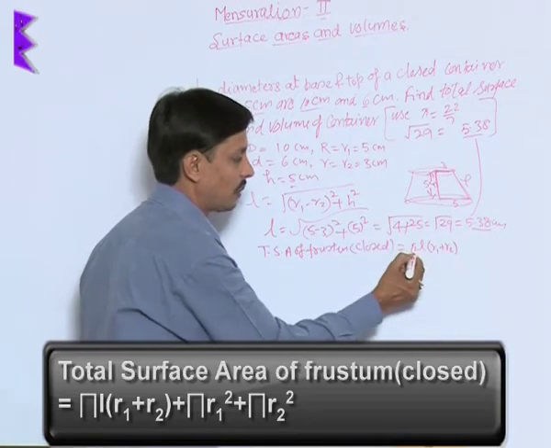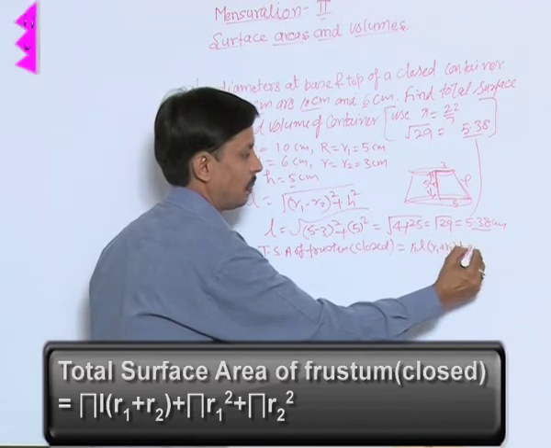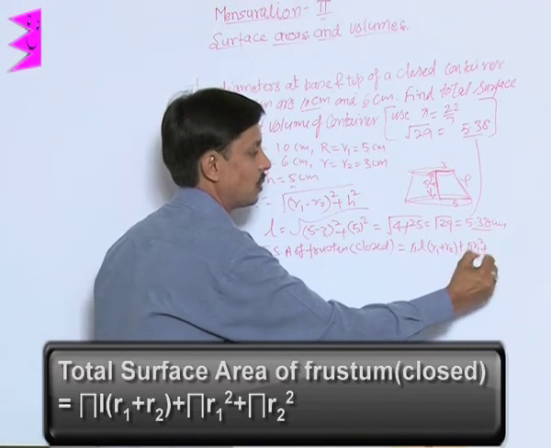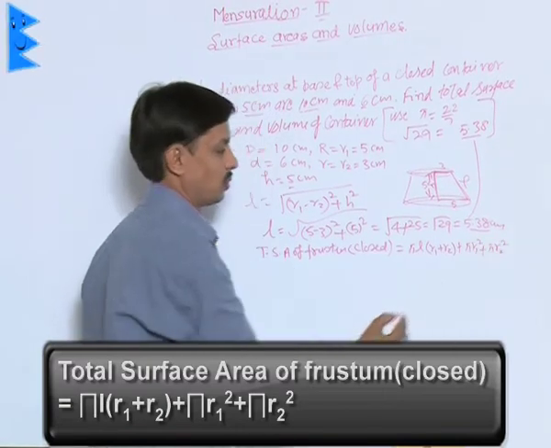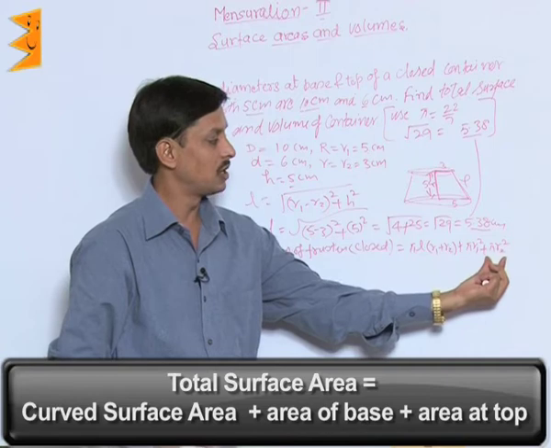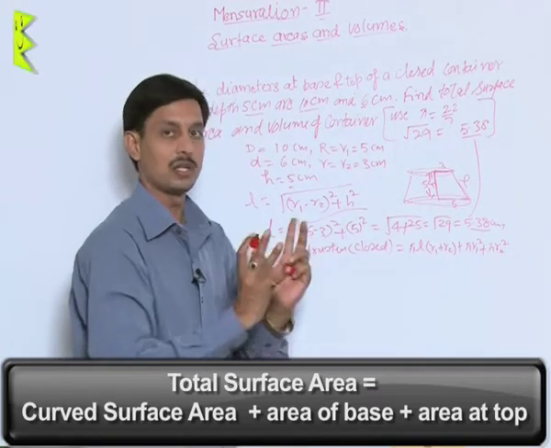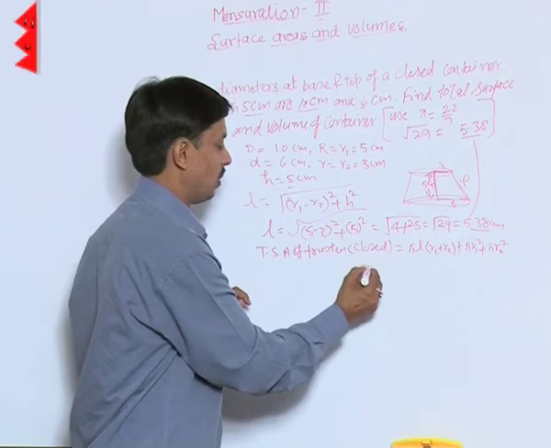This is the curved surface area, plus area of base pi R1 square, plus area at top pi R2 square. Curved surface area plus area of base plus area at top will give us total surface area.